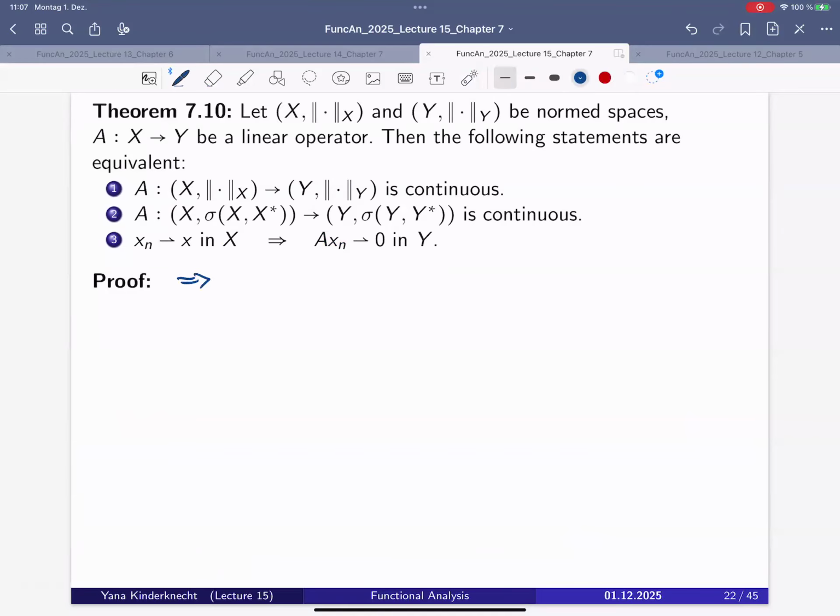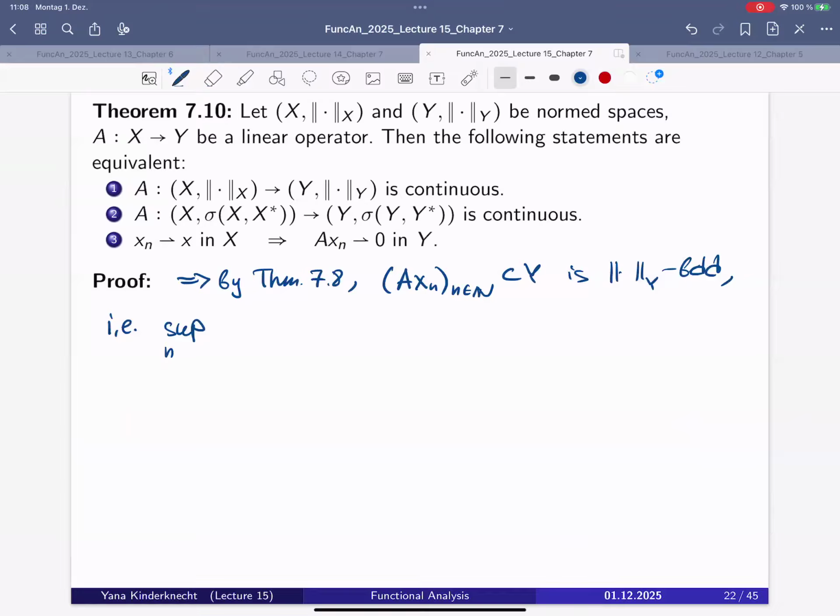So hence, by theorem 7-8, this sequence is norm bounded. What does it mean? That the supremum over n in N of the norm of AXn in Y is smaller than infinity.